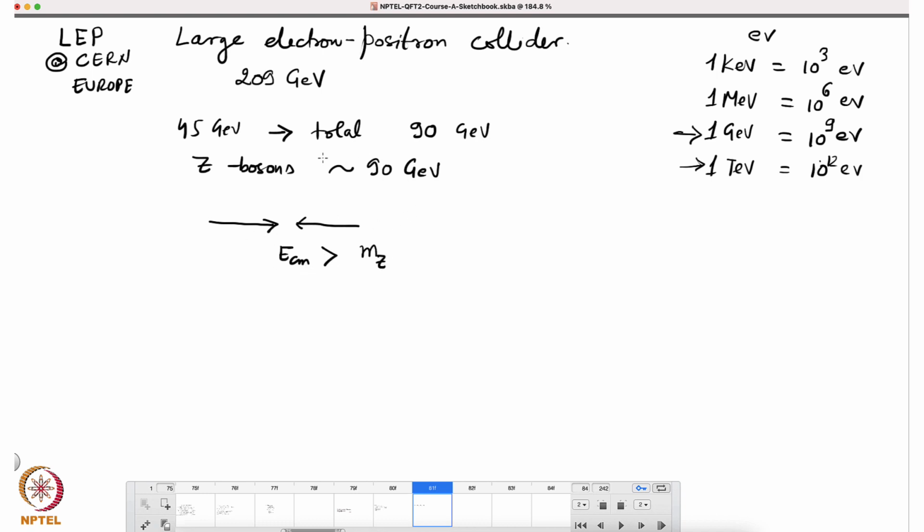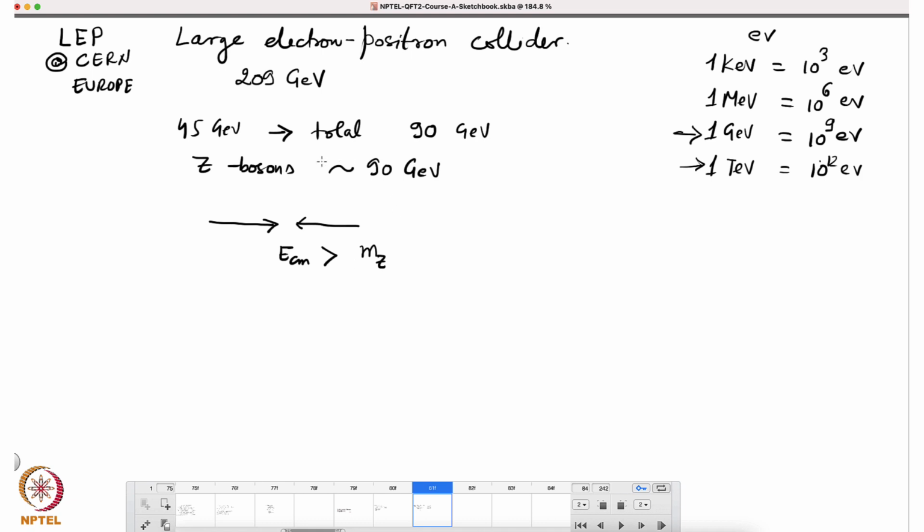then you can produce these particles, because the minimum energy that you need to create a Z boson particle would be equal to the mass of that particle. If you provide just that much energy, then you produce these Z bosons at rest, and if you have additional energy, then that energy would go into giving momentum to the Z boson and also producing some other particles.